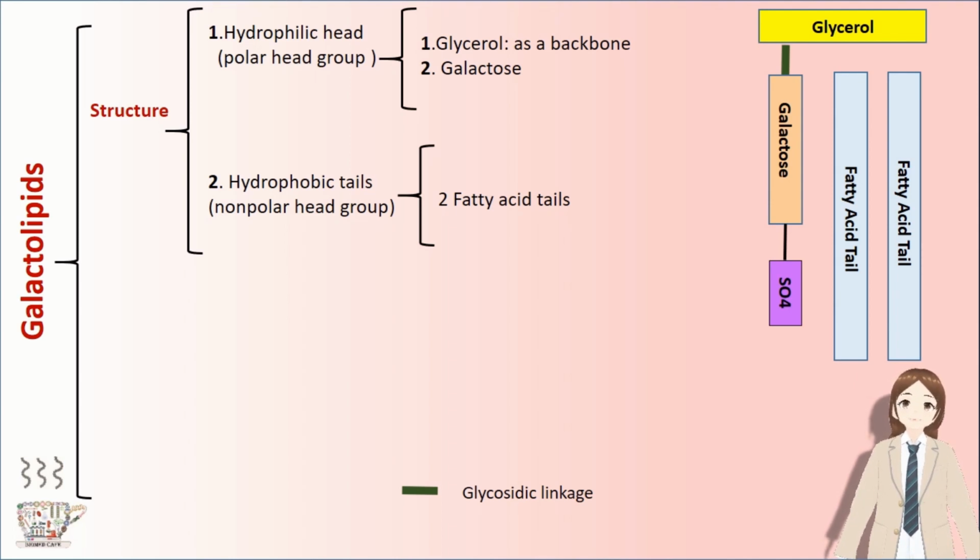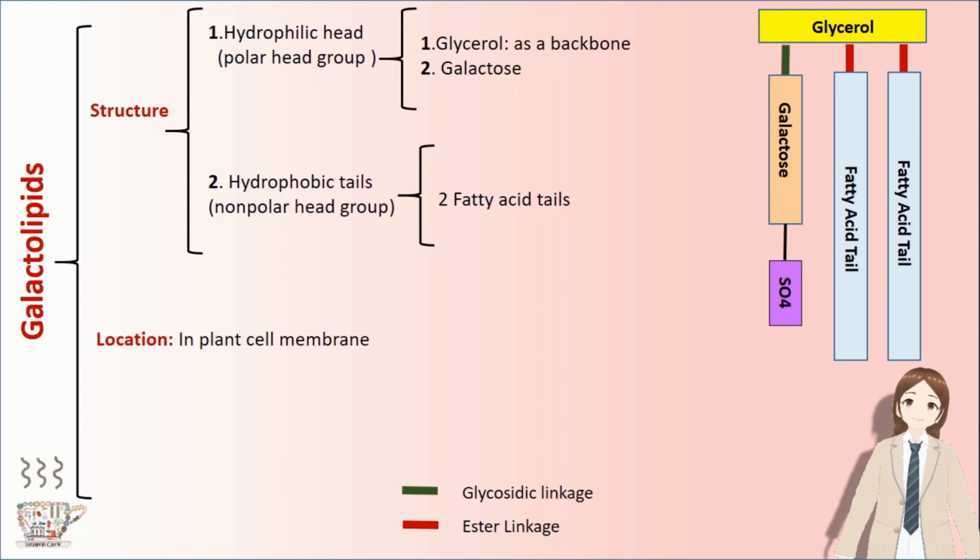Galactose linked to glycerol by glycosidic linkage, and fatty acid tails linked to glycerol by ester linkage. Their location is in plant cell membrane, and their role is in photosynthesis.